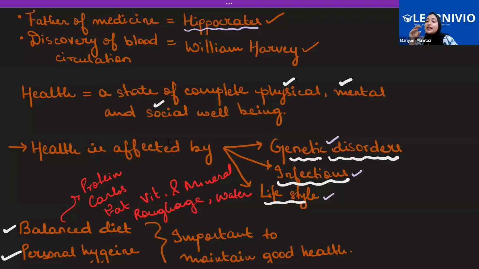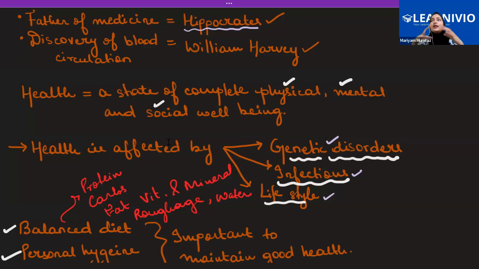And the third thing is the lifestyle. The lifestyle that we lead has a great big impact on our health. For example, if you exercise, eat healthy, and don't eat too much junk food, then you will stay fit for a long period of time.